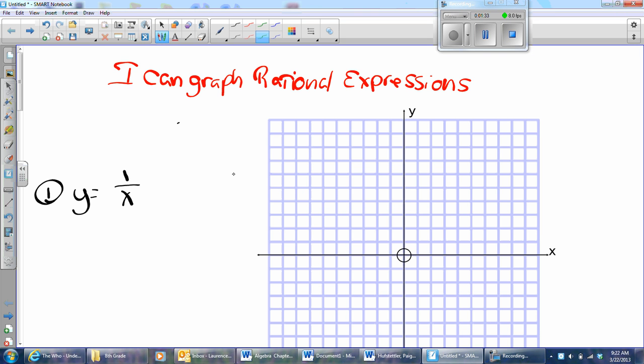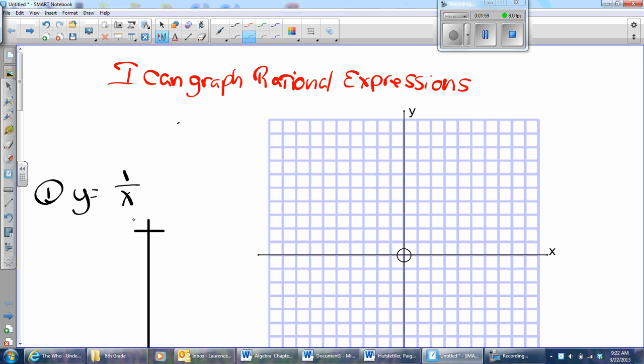So I'll tell you what we're going to do. We're going to make a little t-table here, and we're going to plug in values for x and get out values for y. I cannot draw a vertical line on the airliner, so who says I have to? I'm going to put a whole bunch of points in right now because I'm trying to figure out what's going to happen here.